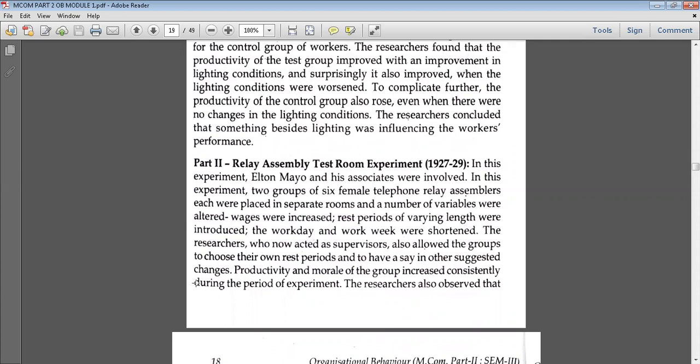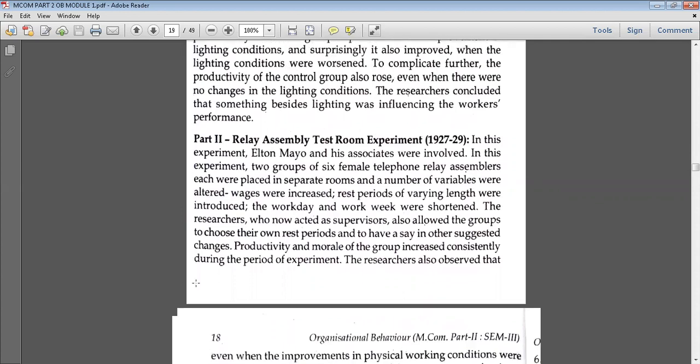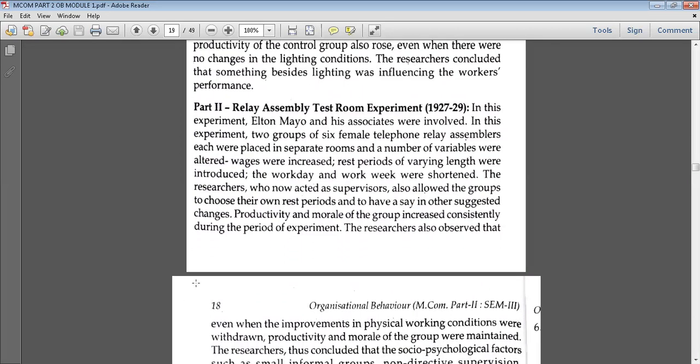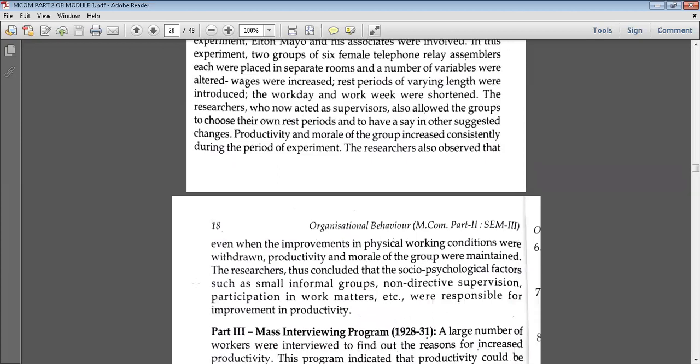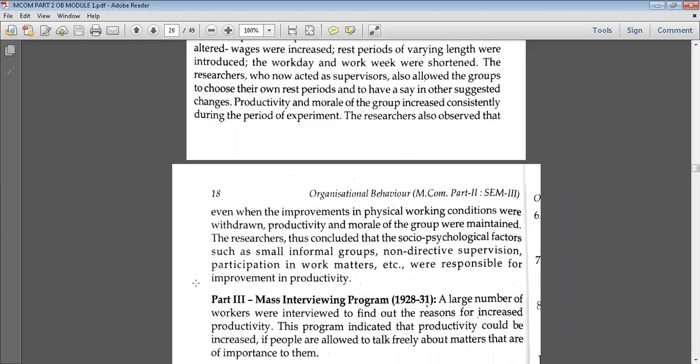changes were there. In the same way, the other group was also monitored. The productivity and morale of the group were continuously checked during this period. They understood that even when the improvements in physical working conditions were withdrawn, productivity was more or less the same.